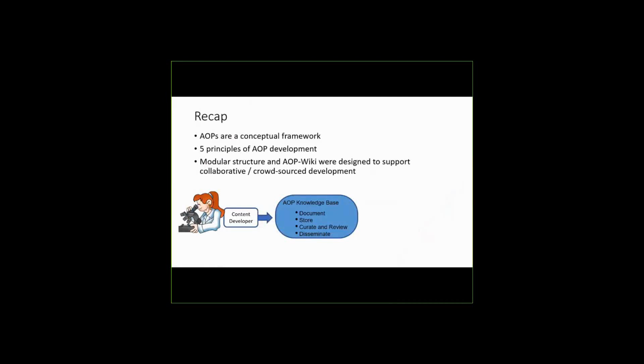And that finally, these are living documents, and that we continue to add new knowledge, new support, new evidence to these as they develop. Then you also saw in Jason's presentation that this framework and the knowledge base employ a modular structure that's designed to support collaboration and crowdsourcing.